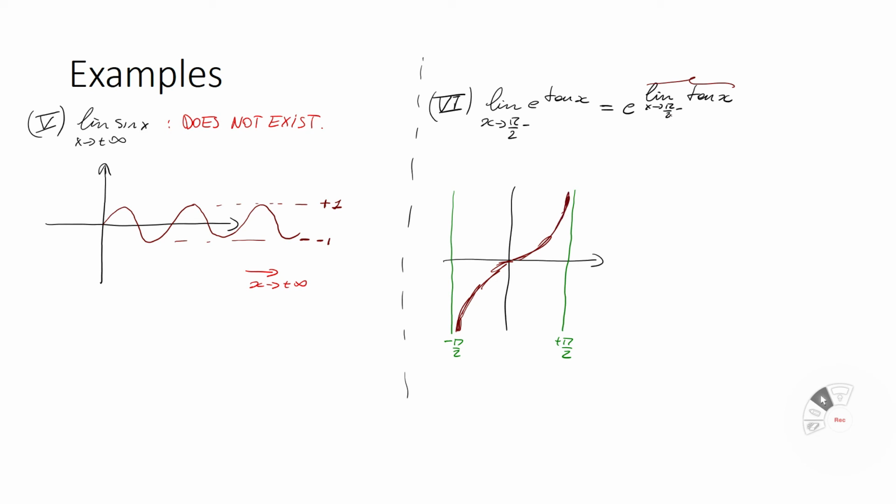And in particular, we see if we go to pi over 2 from the negative side, so we get closer and closer to pi over 2 from the left hand side, and we see that our values become larger and larger, so we go to plus infinity.